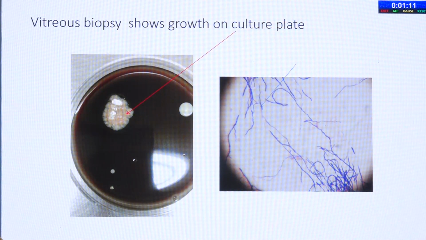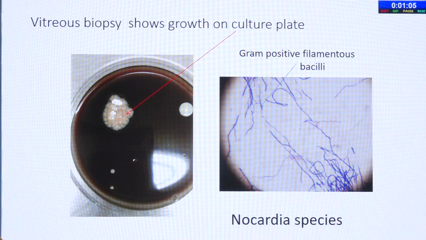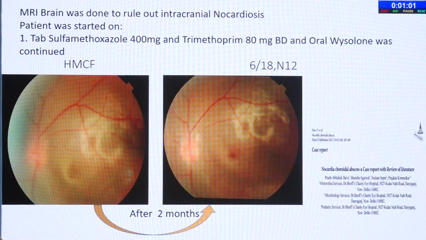The culture started having this fluffy white growth on chocolate agar, and it came out to be a gram-positive filamentous bacilli, finally diagnosed to be Nocardia species. And MRI brain was done to rule out intracranial nocardiosis in this patient. The patient was treated and he responded well to the treatment. And you find that the fluid has gone, the lesion has regressed, and the patient has recovered a vision of 6/18 N12.